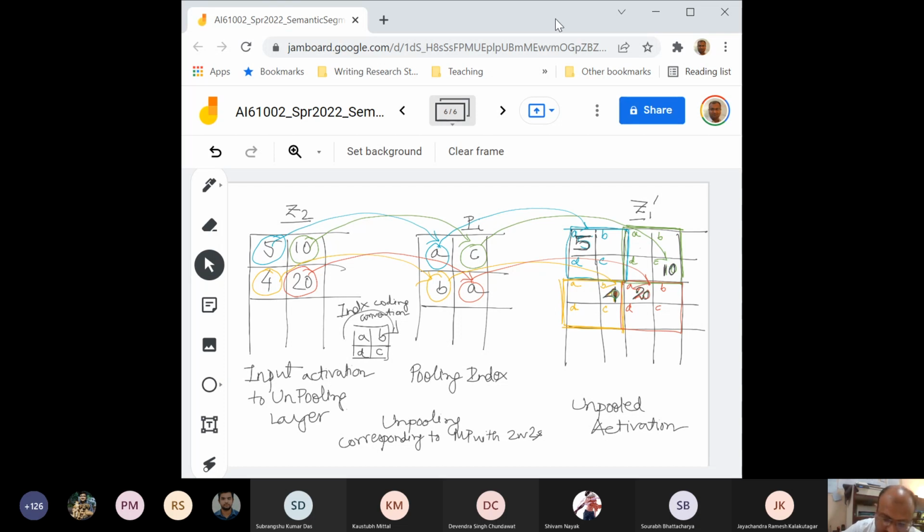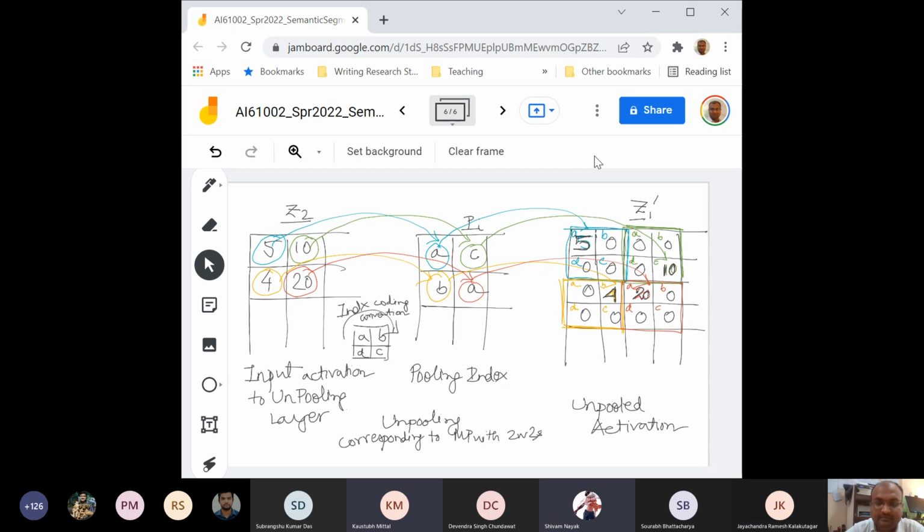After this max unpooling, all of these other values are going to be 0, and only these 4 values are non-zero over here. So is this okay with you guys? Did you understand the whole concept of max pooling and unpooling?